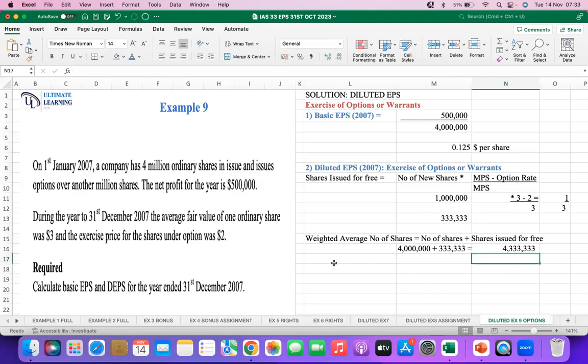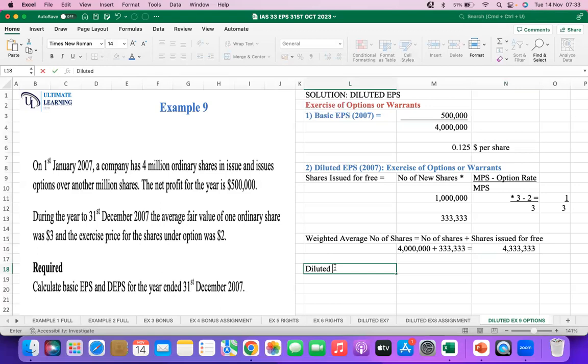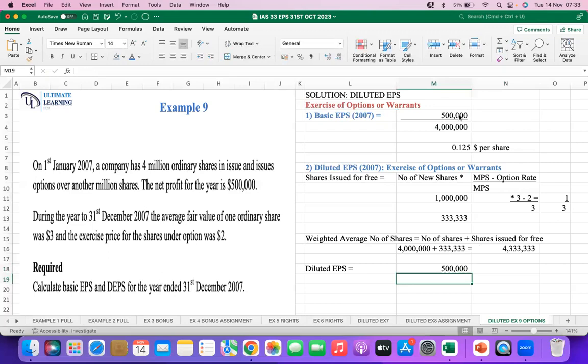And finally, diluted EPS will therefore be equals to the profit divided by weighted average number of shares.